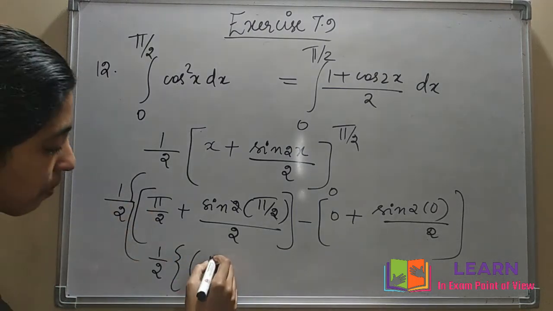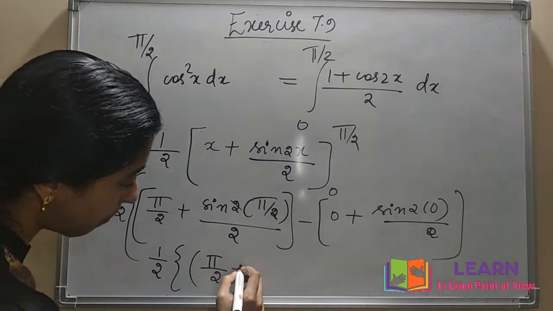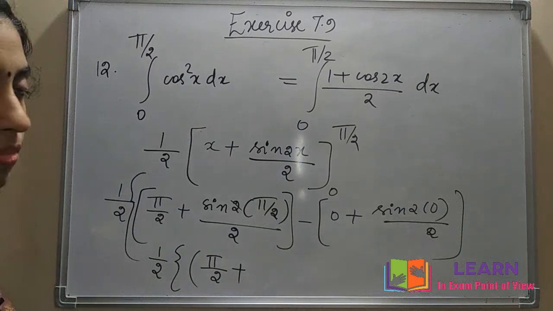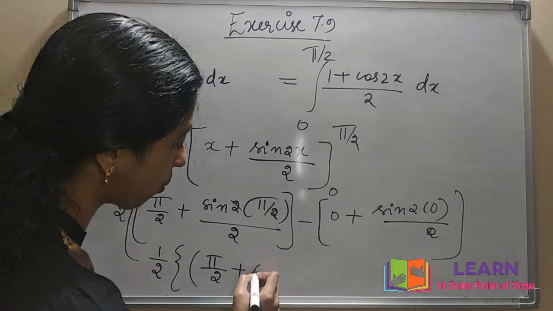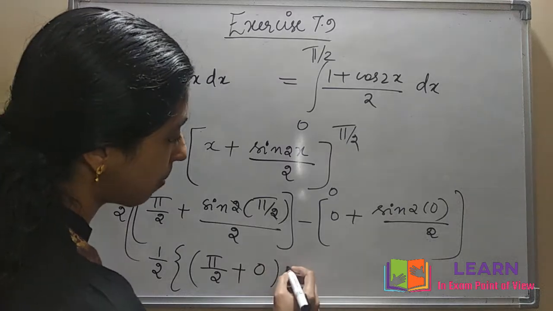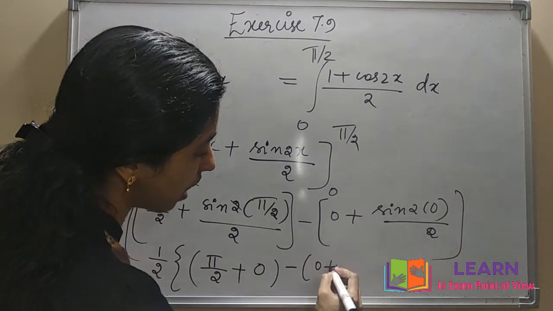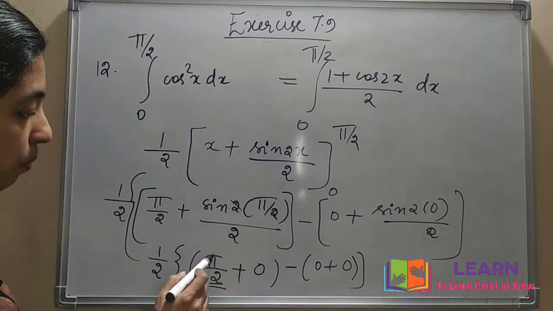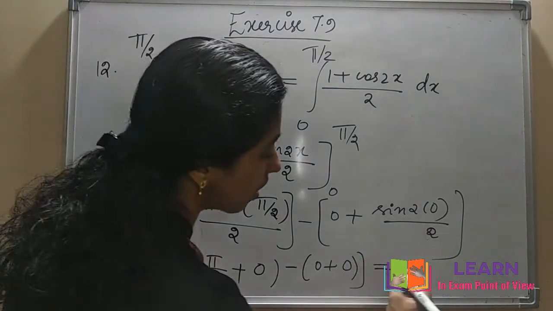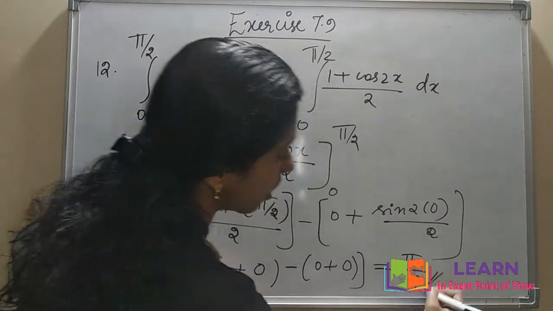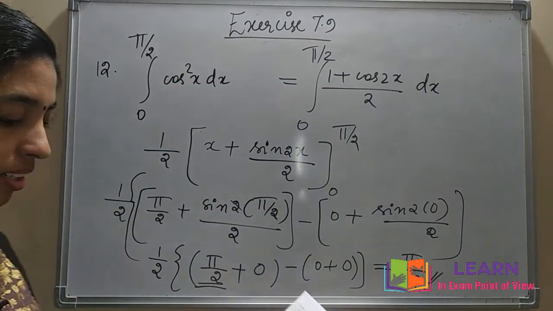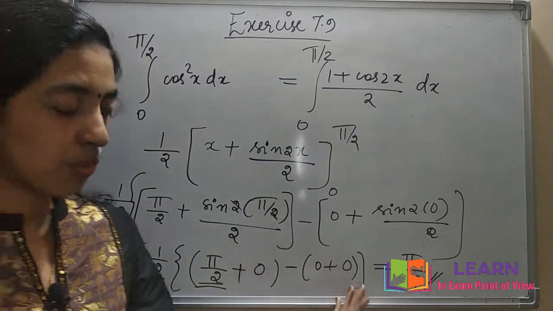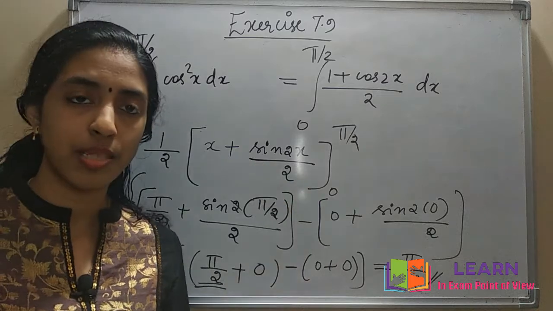Then inside there is pi by 2 plus sine pi. Sine pi is 0. Minus 0 plus sine 0, 0. So what remains? Only pi by 2. Pi by 2 into half, that is pi by 4, which is the answer. Okay. So it is clear, I think.